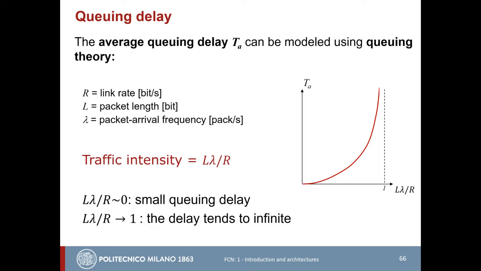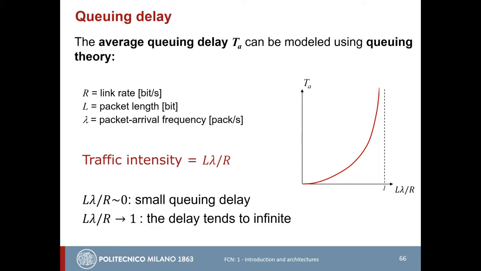If you want to be precise, you should write the packet length as bits per packet. If you put the units of measurement in the ratio, you obtain a unitless quantity.